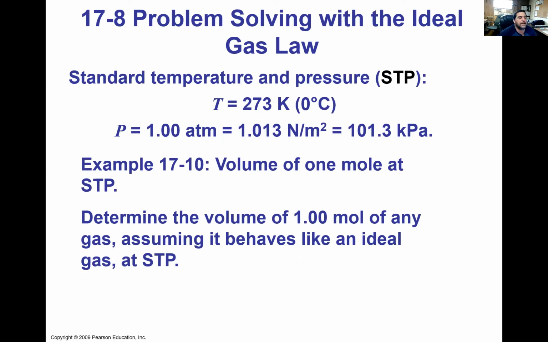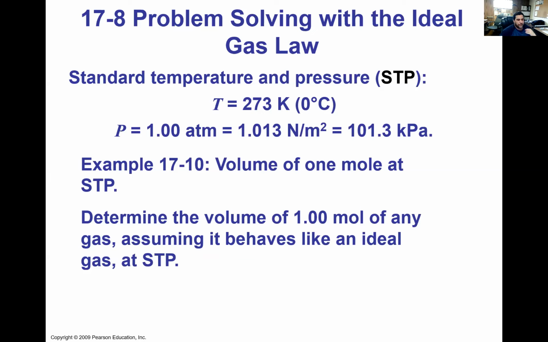So let's take a look at an example. Standard temperature and pressure, STP, okay? STP, standard temperature, is going to be 0 degrees Celsius, which is 273 kelvins. Standard pressure is 1 atmosphere, which is 1.013 times 10 to the 5 newtons per meter squared. It's also equal to 101.3 kilopascals.